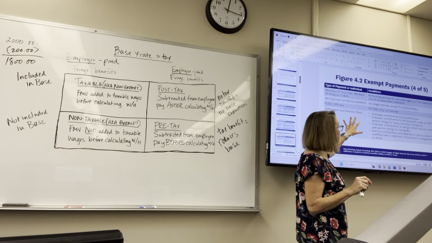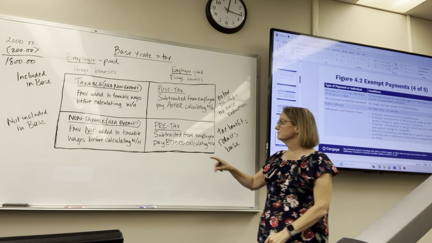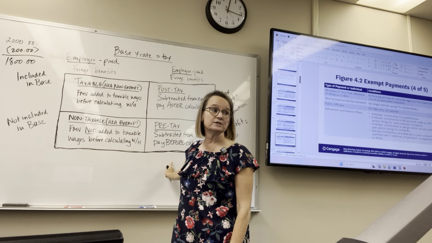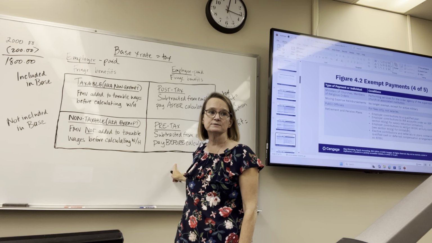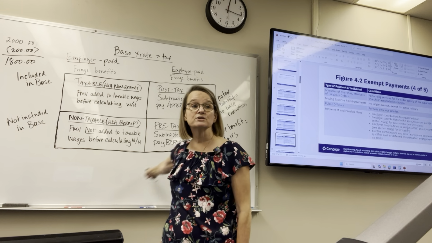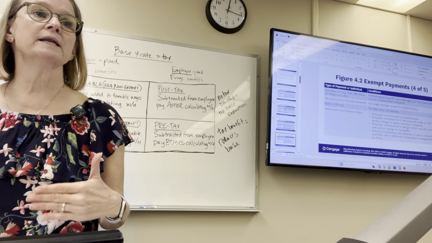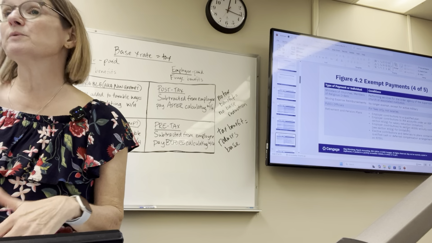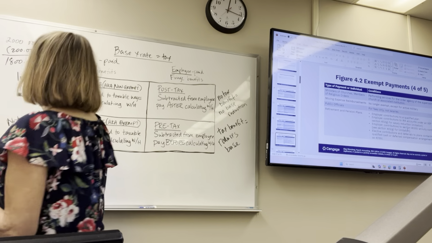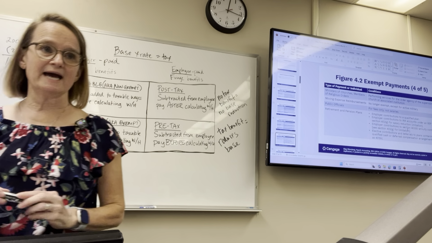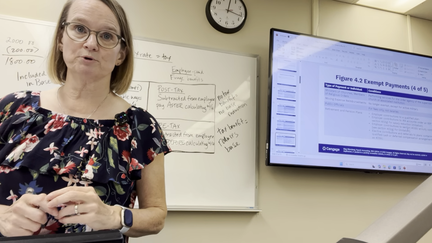Retirement and pension plan contributions that are made by employees, those voluntary contributions that the employee makes, are pre-tax for income tax purposes. So when you're calculating federal income tax, and Iowa state income tax as well, you'd get to reduce it by this. But they are not pre-tax for Social Security and Medicare tax purposes.